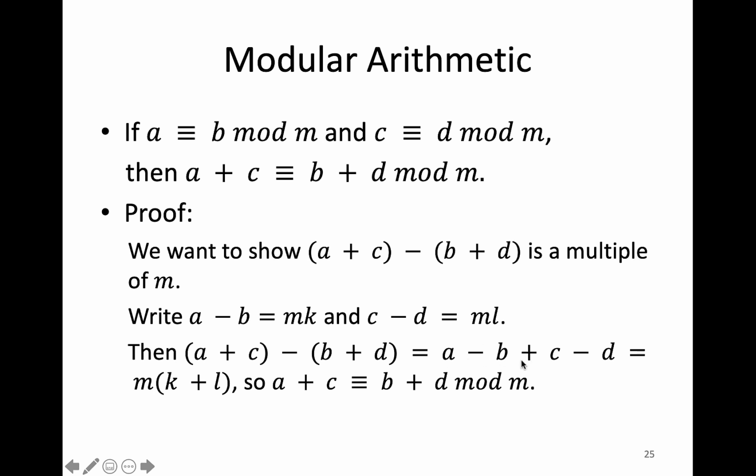Then I know that A minus B is actually M times K, and C minus D is M times L. So A minus B will be replaced by M times K, and C minus D will be replaced by M times L. So these two things add together, I will have M times K plus M times L, which is M times K plus L. This thing right now becomes a multiple of M. That's why A plus C is congruent to B plus D mod M.